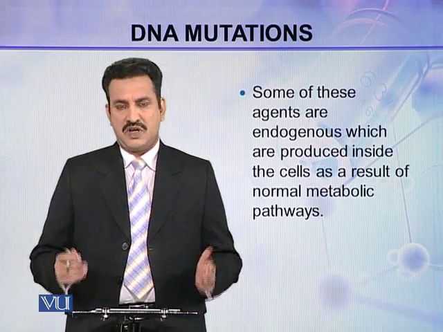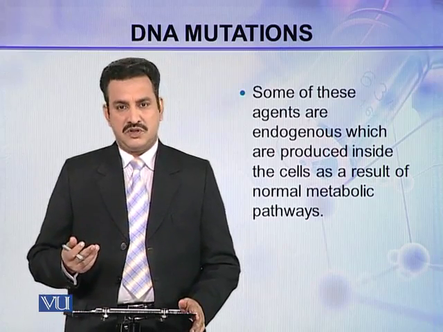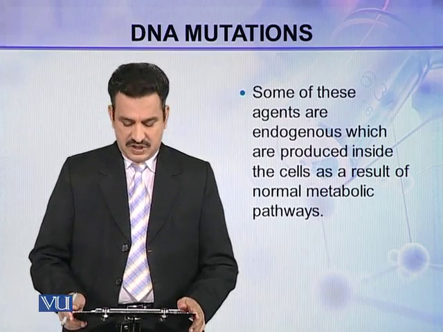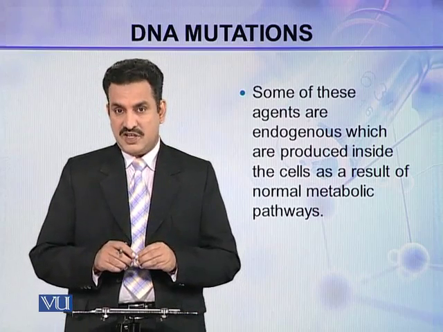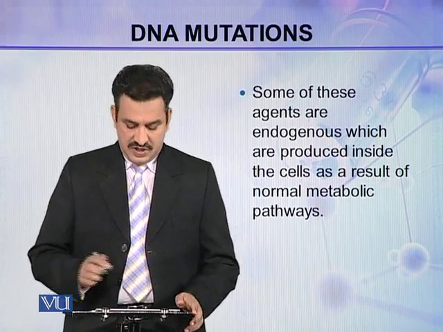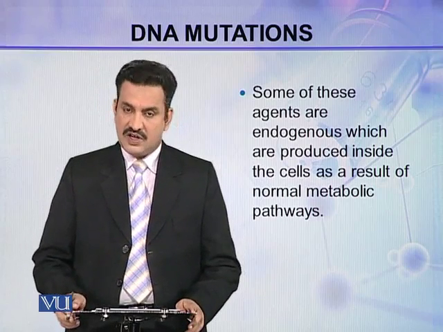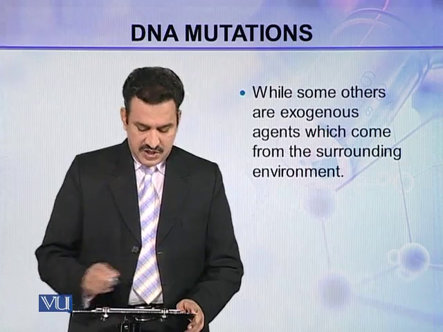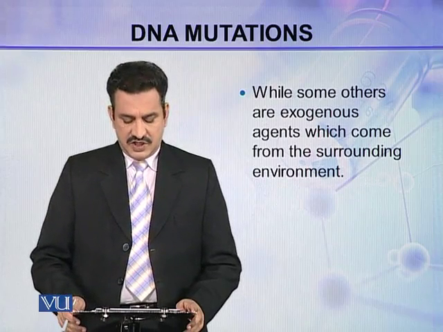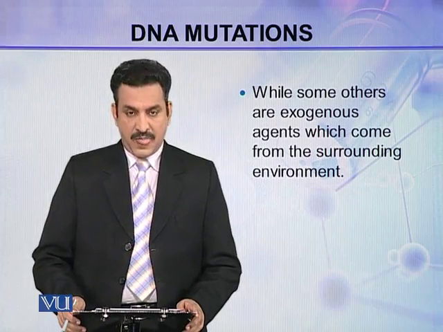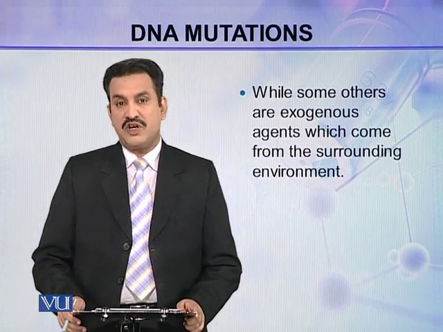So there may be some chemical or some other thing which is produced inside the cells, and it damages the DNA. These agents are called endogenous agents, while some other agents are exogenous, which come from the surrounding environment.